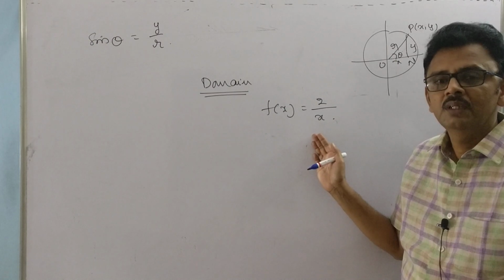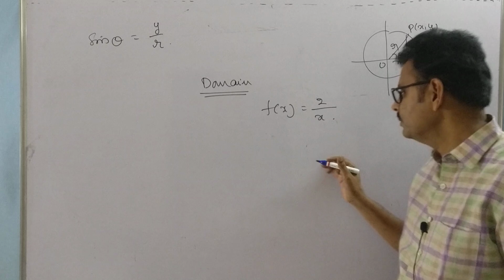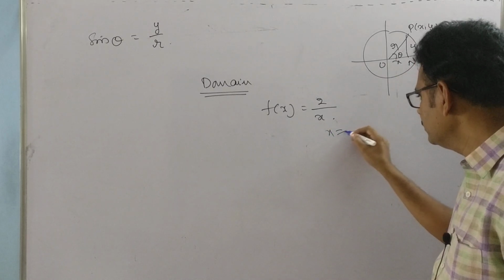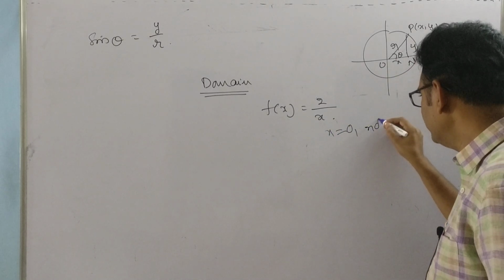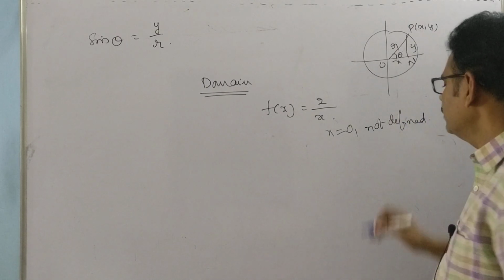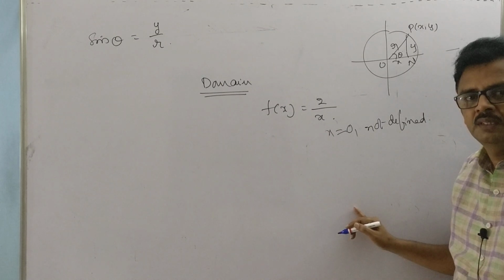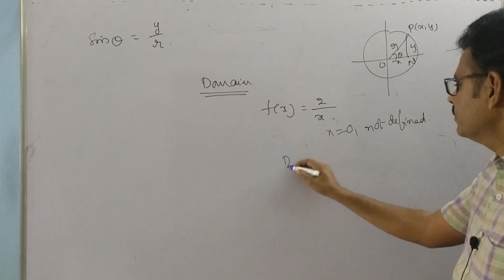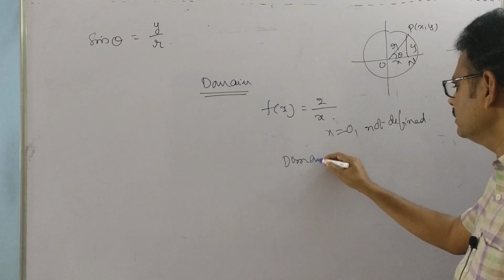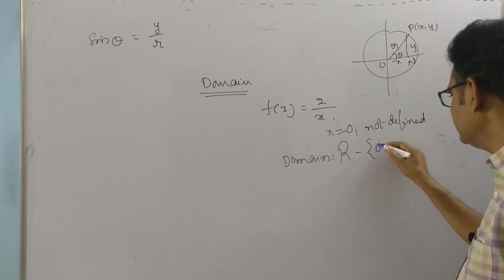The set of all real numbers except 0. Therefore, the domain is the set of all real numbers except 0.